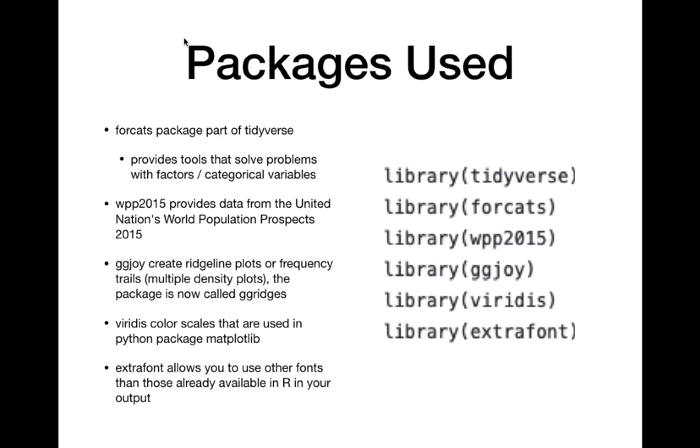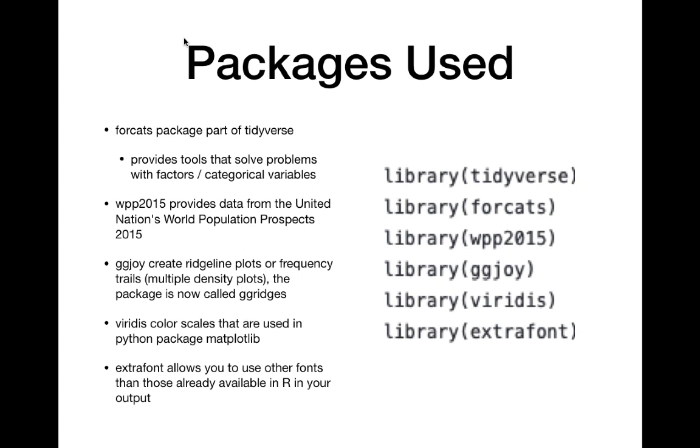It provides tools that apparently solve problems with factors, so categorical variables, and one of the things it allows you to do is to rank your variables. He called wpp2015, which is his UN data source, kind of like when we call our iris data set.